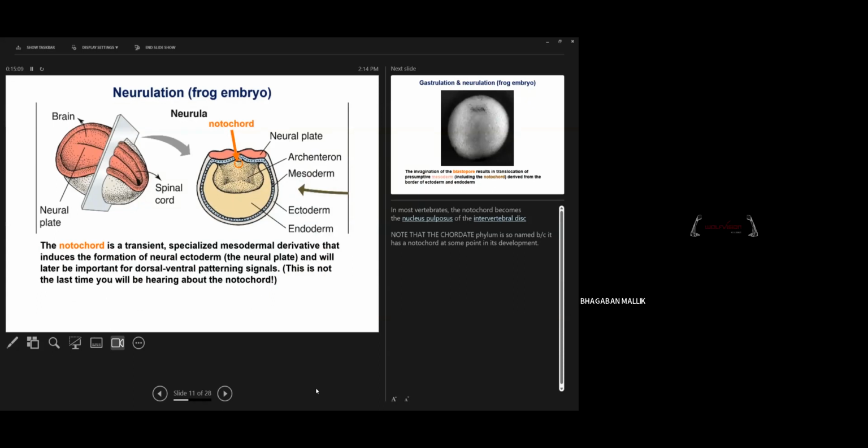And the notochord is also part of the mesoderm. So when there is invagination during embryogenesis, you have formation of mesoderm and also of the notochord. The notochord can also give signal to the neural plate to form specific neural tissue, so it plays an important role in the formation of the specific neural tissue.